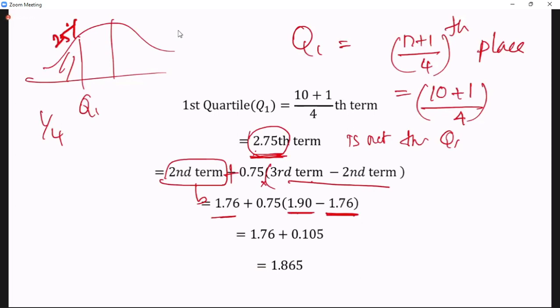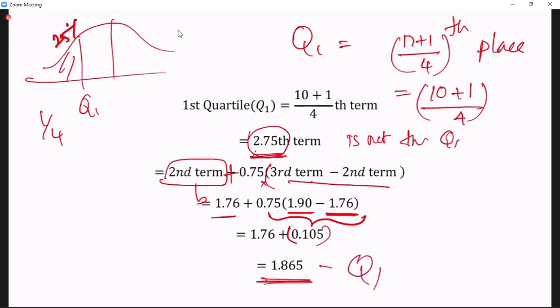Get the difference, multiply it by 0.75, and add it to 1.76: 1.76 plus 0.105. Finally you will get 1.865 as the first quartile.